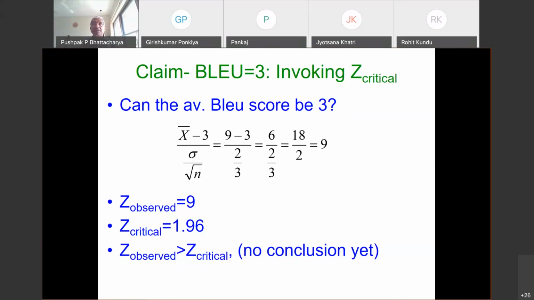I ask myself, can it be so low? Well, I see that Z observed in that case becomes 9. And Z critical is 1.96. Z observed is far, far bigger than 1.96. Again, falling outside Z critical. So this is taking us really towards test of hypothesis. We have introduced an important notion called Z critical, the yardstick against which I'll compare my Z observed.